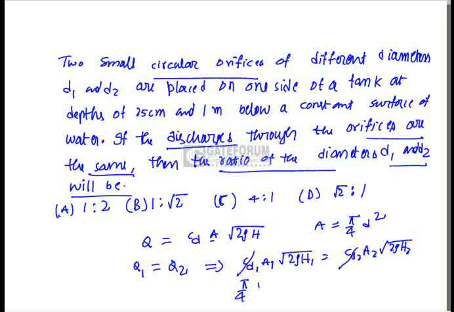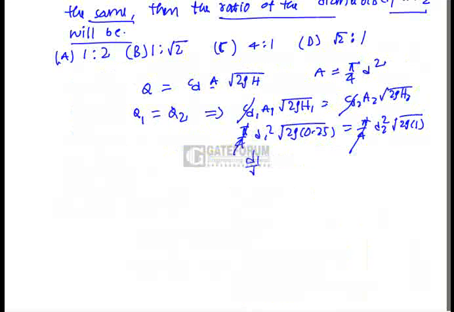Pi by 4 d1 squared root 2g 0.25 is equal to pi by 4 d2 squared into root 2g into 1. d1 by d2 whole squared is equal to root 2g by root 2g into 0.25. Root 2g cancels, this is 1 by 4, which is equal to 2.